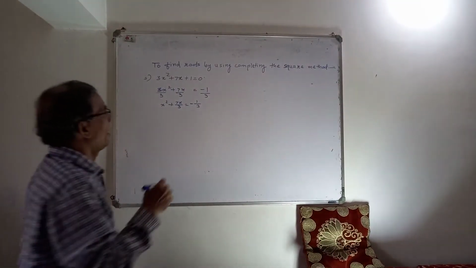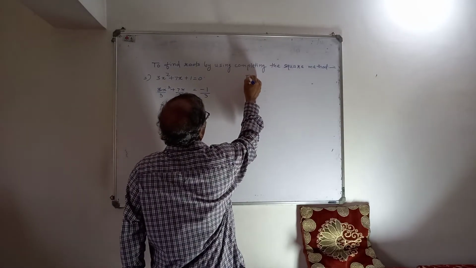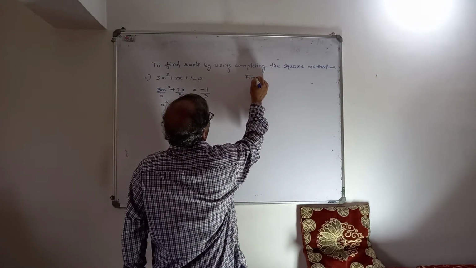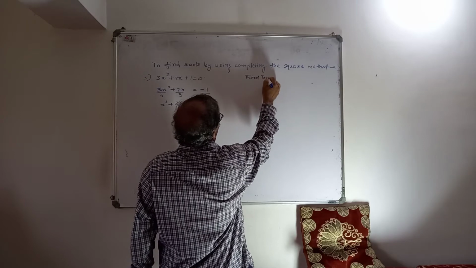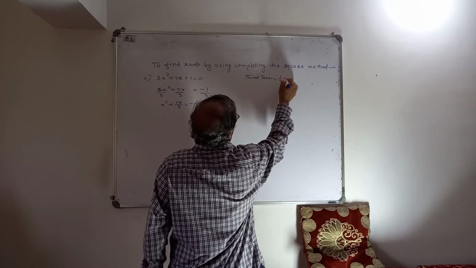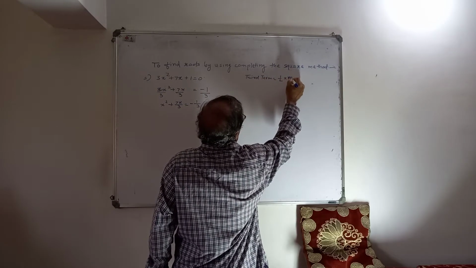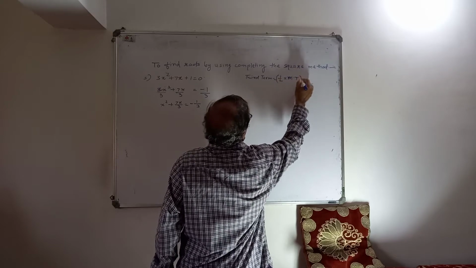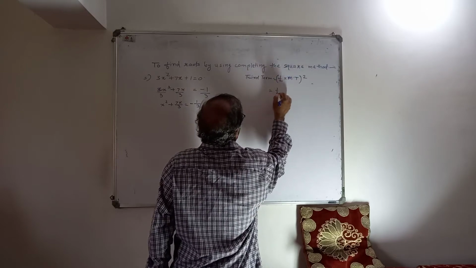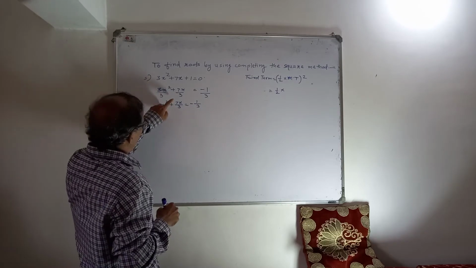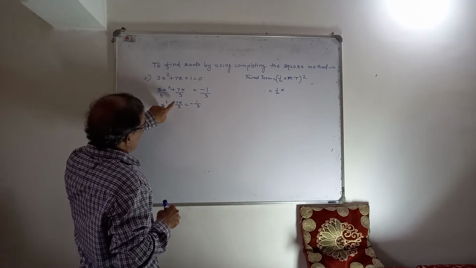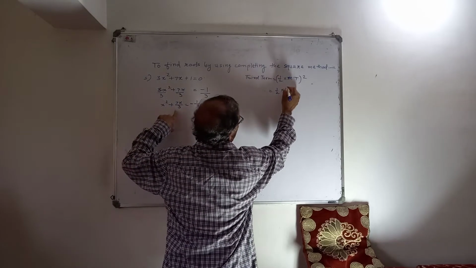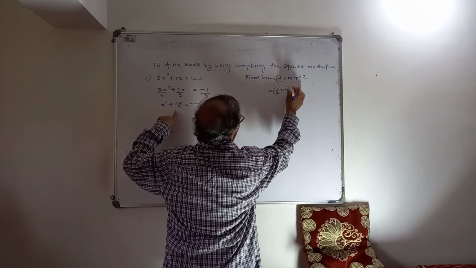What is our formula? Third term is equal to half into middle term whole square. That is half into, what is the middle term now? It means the coefficient of x, that is 7 by 3. 7 upon 3 whole square.